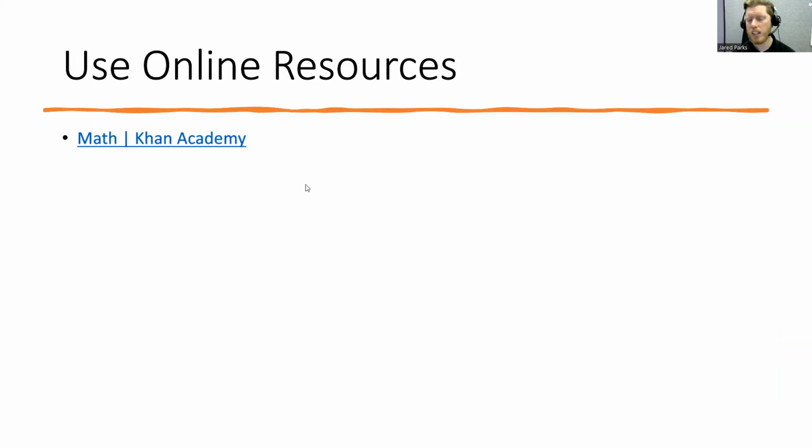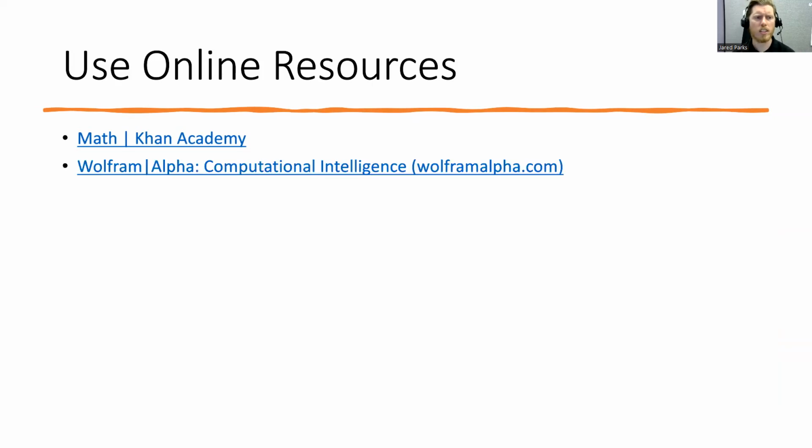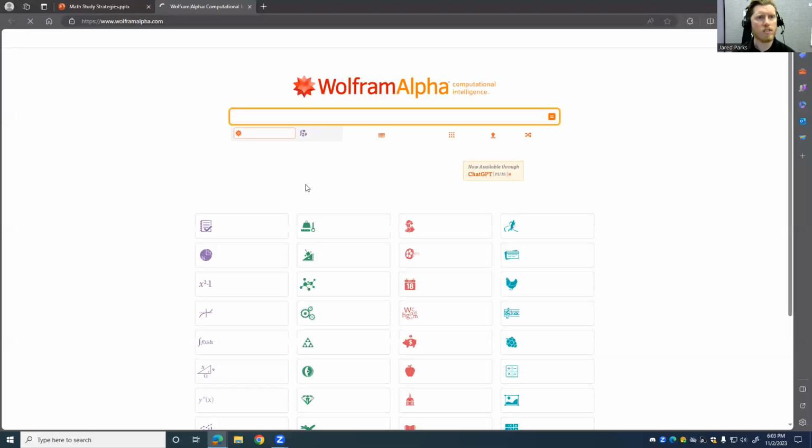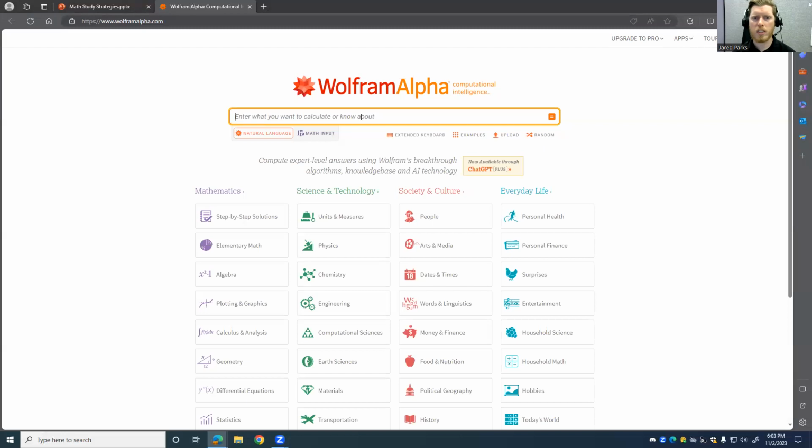So to give you an example, a list of some things. Like I said, Khan Academy, they've got videos and practice questions for different topics. All of their videos are separated by class level or topics. So if you're taking an Algebra 2 class or a statistics class, you can just go look for statistics. Wolfram Alpha is a website.